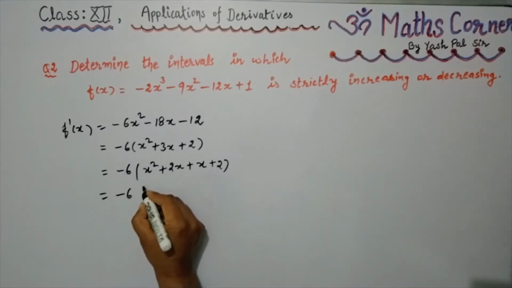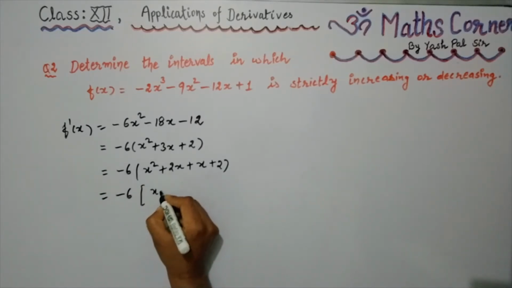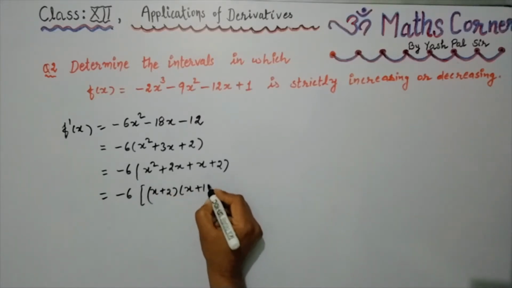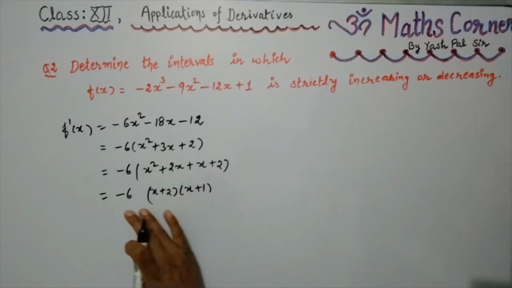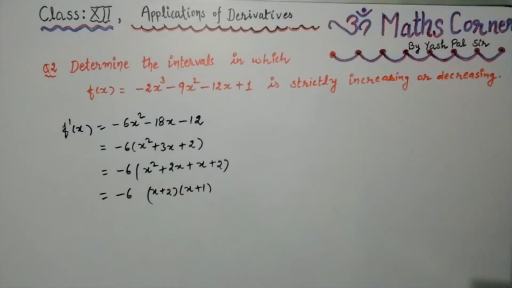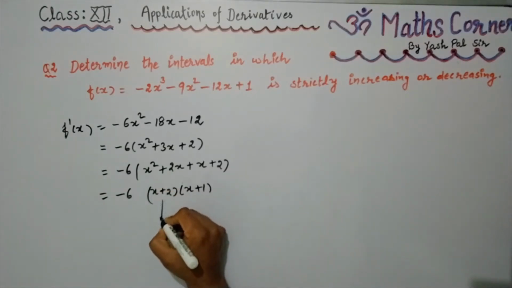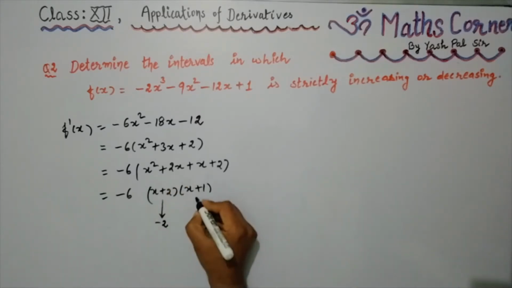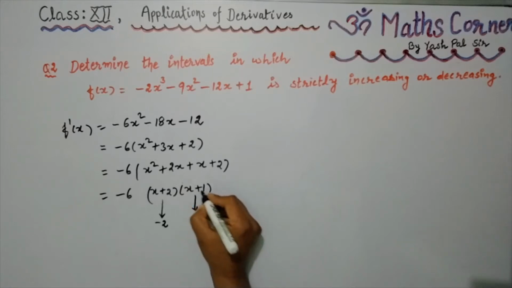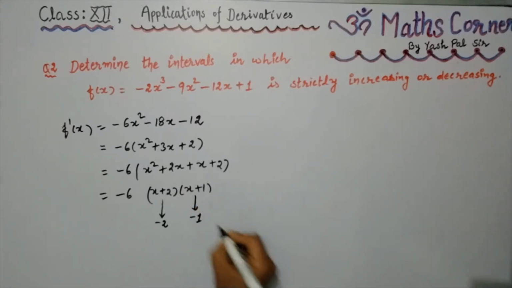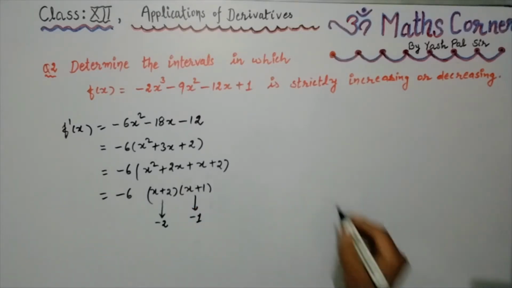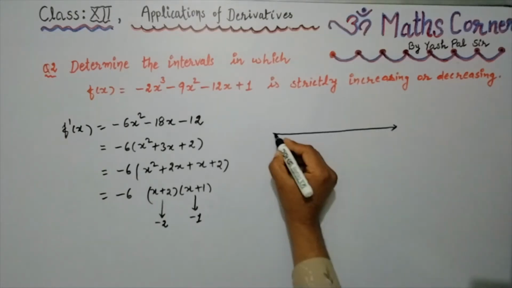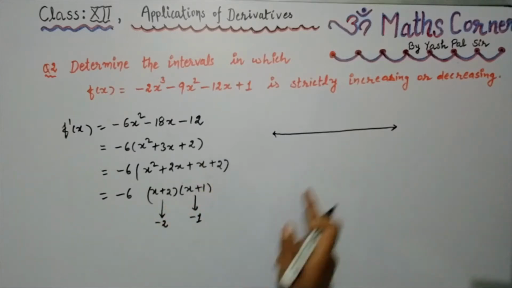So this means minus 6 into x plus 2 into x plus 1. These are the factors, right? From these factors we find the zeros. Here the zero we get is minus 2. From this linear factor we get the zero minus 1, right? Now we take the help of the number line. This is the number line.